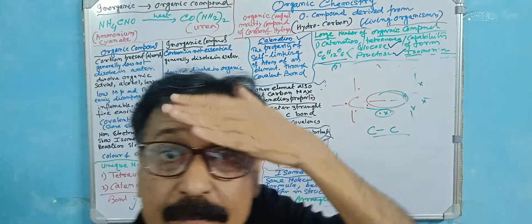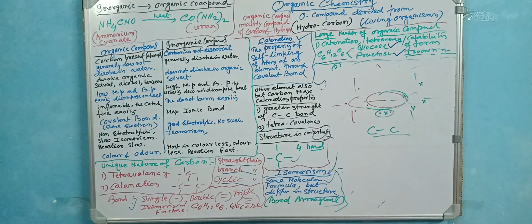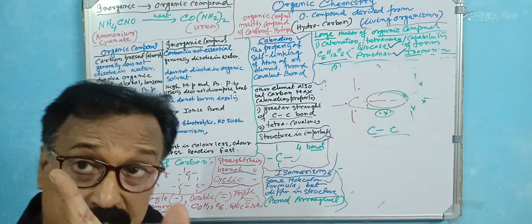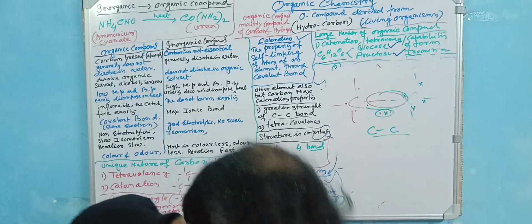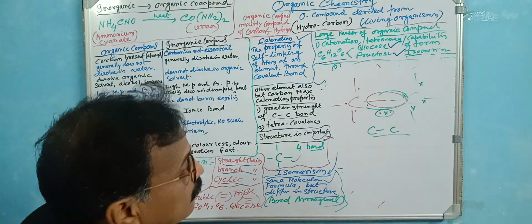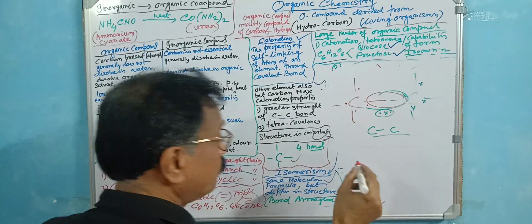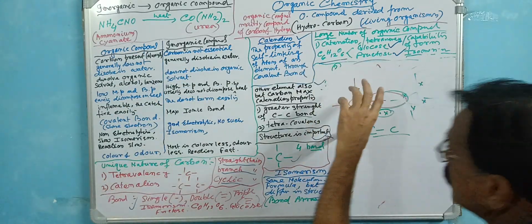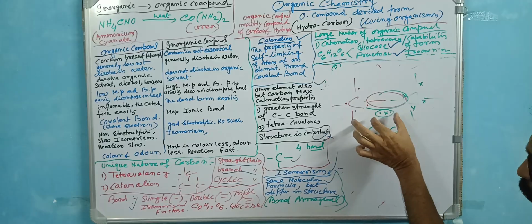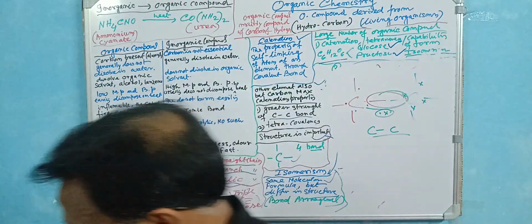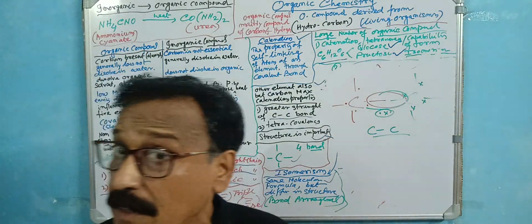Now one thing is very important. You must always complete the 8 in the last orbit for stability. That is very important. Clear? So this is for the 2 carbon bond.